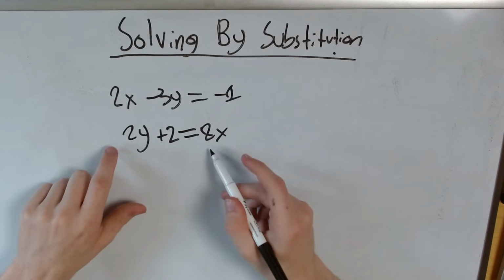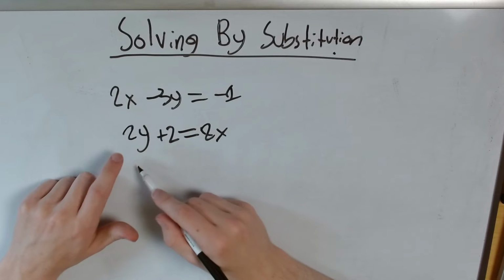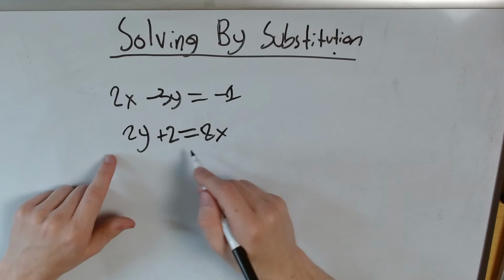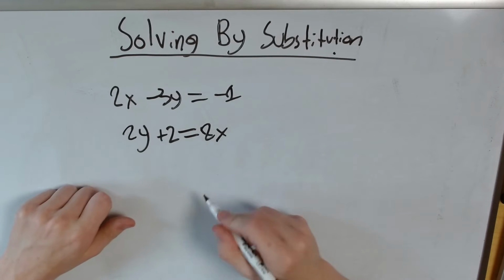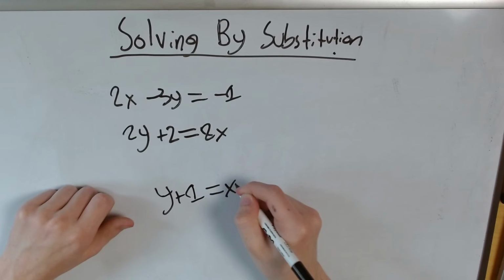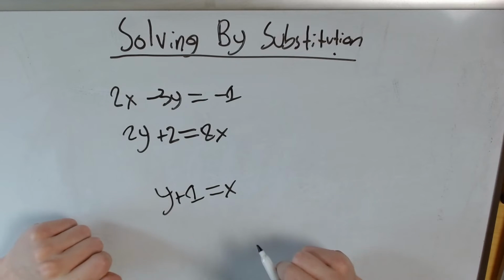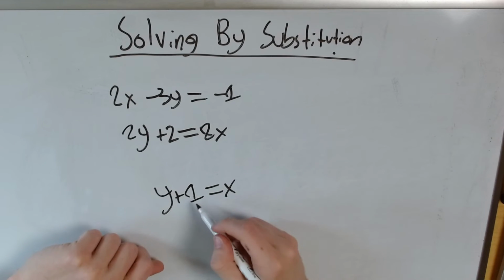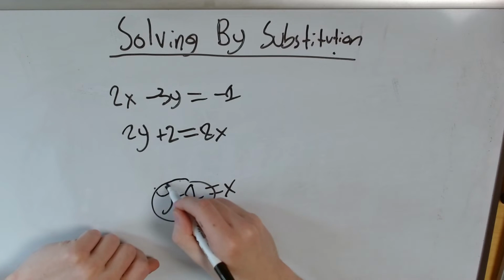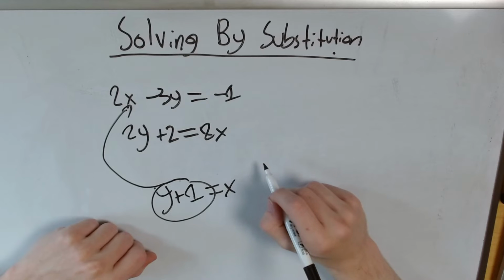I look at this one and I say, hey, these all have 2 in them. If I were to divide this entire expression, its entire equation by 2, well, I'd be left with y plus 1 equals x. And this is entirely in terms of x. And this is a major breakthrough, because that means I can substitute y plus 1 in for x and have an equation that is entirely in terms of y's.